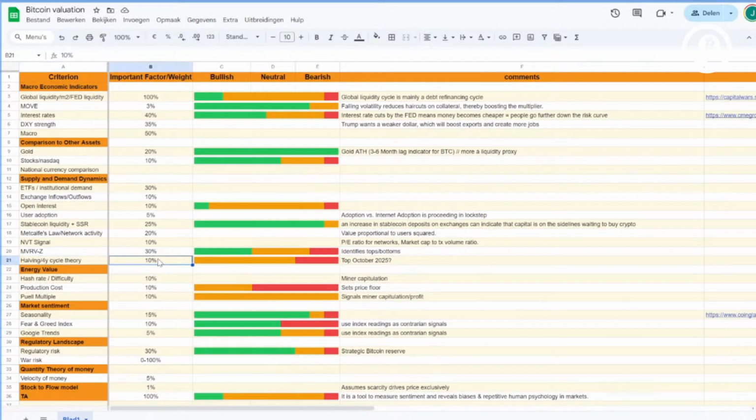So that's why I gave it only a 10% chance. If you follow it, it's bearish, because then the top should be in October. But I don't follow it. I know a lot of people in my Discord still believe in it. So who will be right? Well, we will know in October, if the cycle is going to top right now, or if it is going to go a little bit longer. That's something we will soon find out.